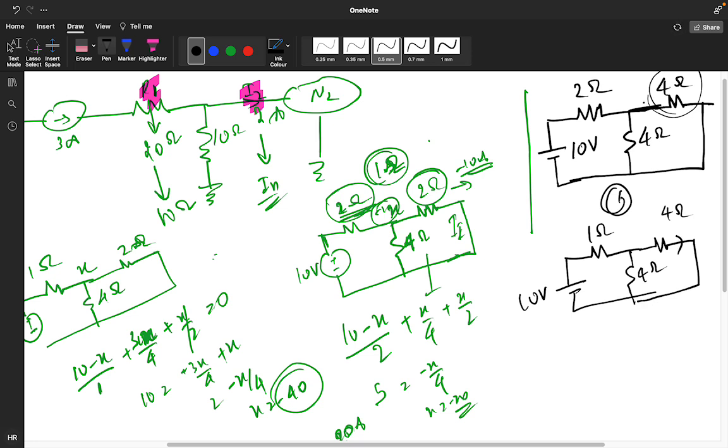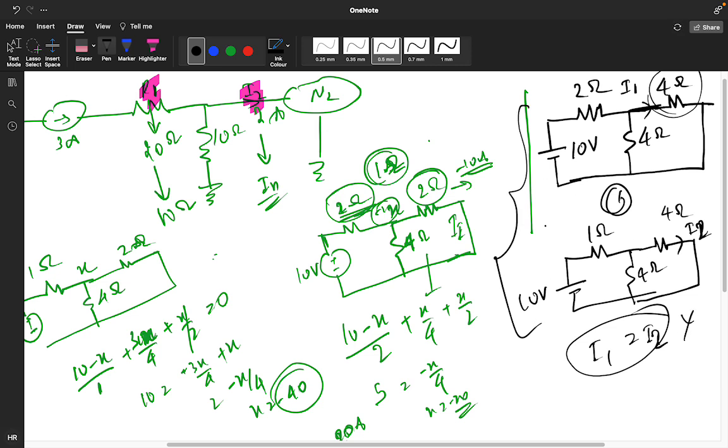Now you have to calculate the I1 value in this circuit and the I1 value in this circuit, and check whether this I1 is equal to I2 or it's getting changed. Just do this as homework, then you will be able to understand this problem, and we'll discuss these things again tomorrow.